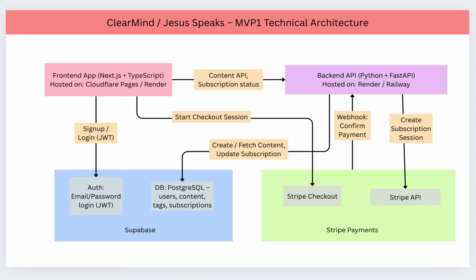Frontend triggers Stripe checkout. Stripe sends webhook to FastAPI, which sends to Supabase. It's a modern decoupled Jamstack-like approach, but with a backend that gives us full control.